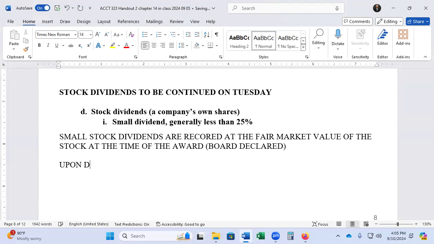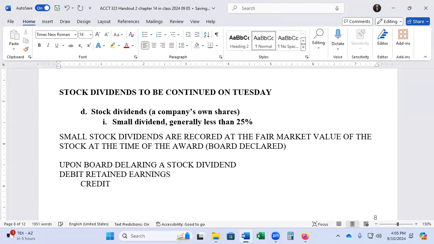So upon the board declaring a stock dividend, record a debit to retained earnings and a credit to dividend payable or stock dividend payable.